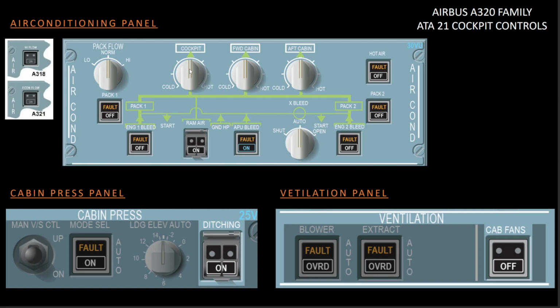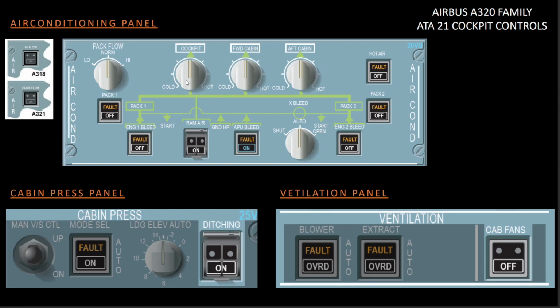So to simplify the thing, what will happen is, for example, if we place the cockpit switch here which corresponds to 20 degrees, the temperature at the cockpit would be maintained at 20 degrees Celsius, and if we place the cabin switch here at 24 degrees, forward cabin would be maintained at 24 degrees, and if we place it somewhere here, the aft cabin would be maintained at somewhere around 28 degrees.